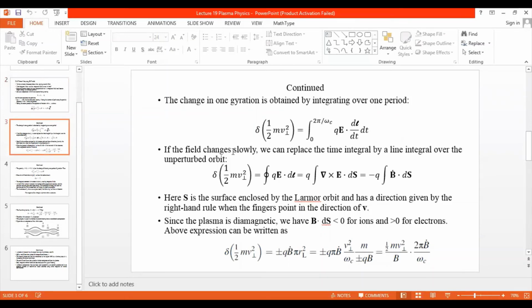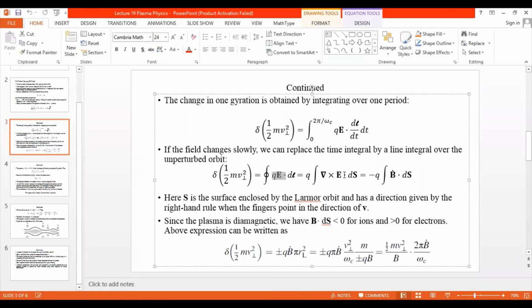If the fields change slowly, then we can replace the time integral by the line integral over unperturbed orbits, and delta of half m v perpendicular squared should be the integral of qE dot dl, and we can apply Stokes theorem here to write it as q integral del cross E dot dS equals minus q B dot dS, where S is the surface enclosed by the Larmor orbit and has a direction given by the right hand rule when the fingers point in the direction of v.